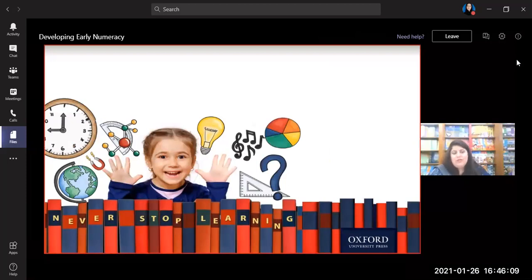So all children are actually different, and their ability to actually understand the concept is also different. So we should actually provide a variety of ways in which children should be taught a basic concept so that all children present in our class are able to understand, and they should be able to learn at their own pace. It's very important to have technology in classrooms.